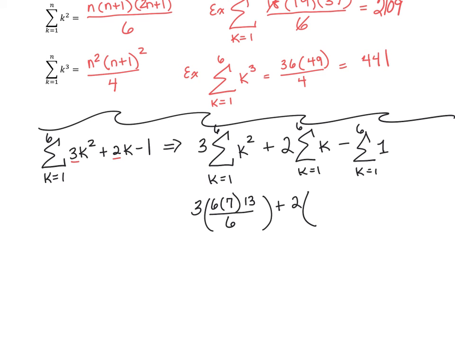The sum of the k's is n times n plus 1 over 2, and the sum of the constants is just the constant times that upper limit. So if we do just a little simplification here and then add, we're going to get 309.